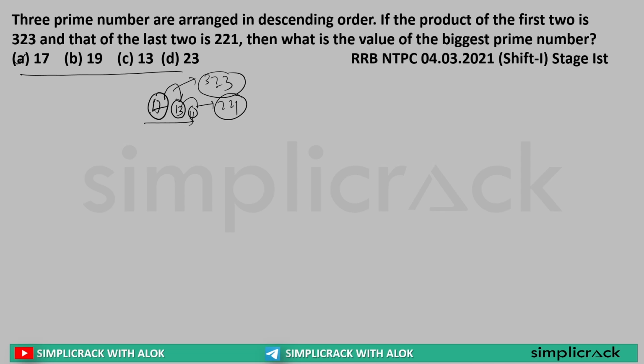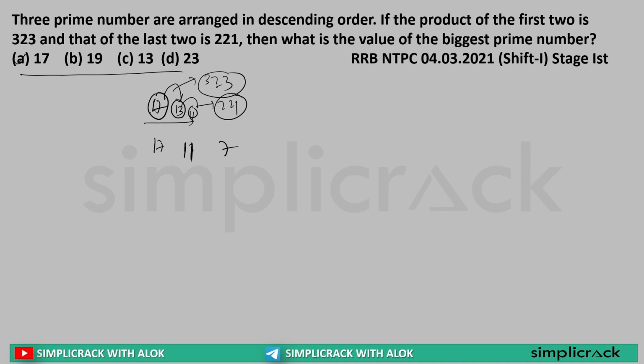Now, it is not mandatory that I only take 17, then 13. I can take 11 over here, then I can take 7 as well. That is what I'm trying to say. Now understand this.